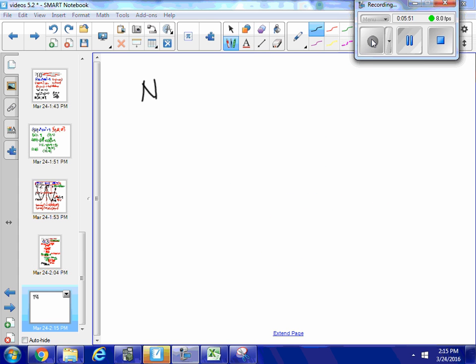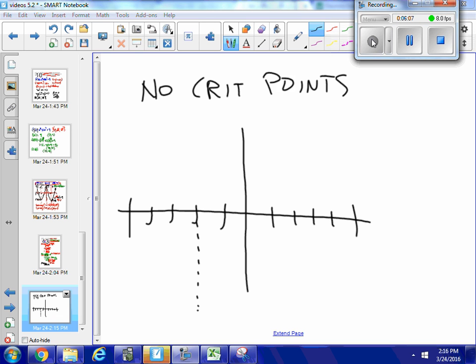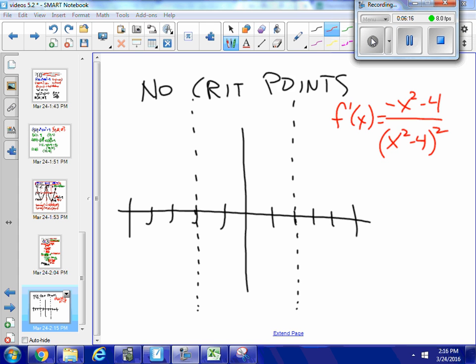So while I have no critical points, what I do know is that I have a graph, and at -2 and at +2, I have vertical asymptotes. So it wouldn't hurt me to test each interval of this graph.